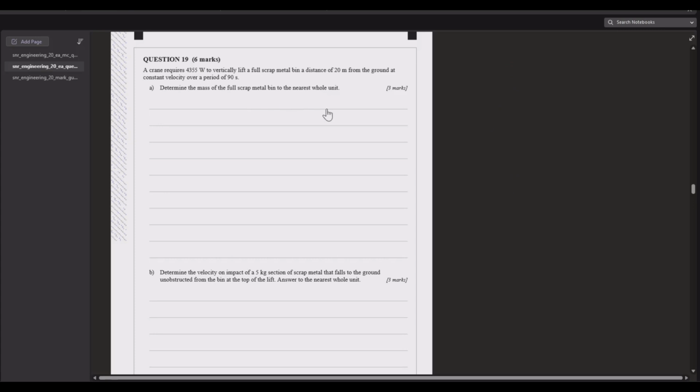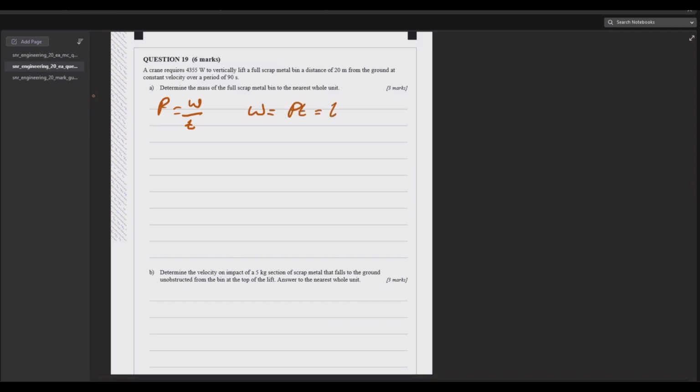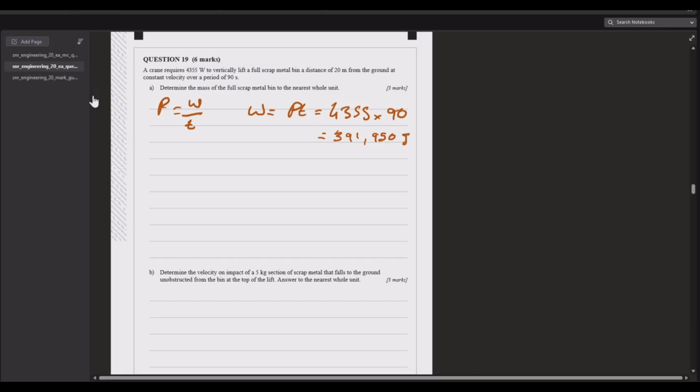Alright, so this is rearrangement. So let's put in P equals W on T. Rearrange. W equals PT, which equals 4355 times 90. And that's 391,950 joules.